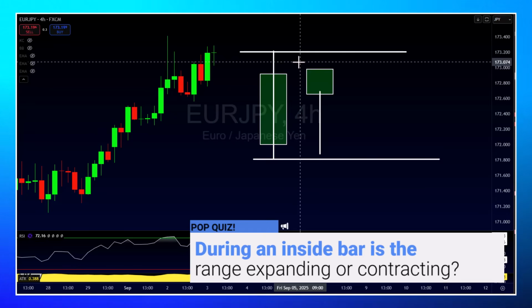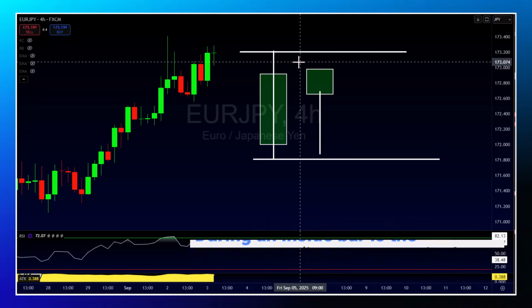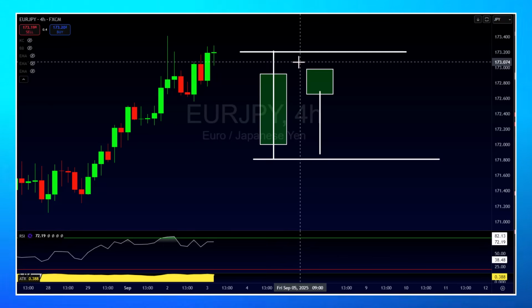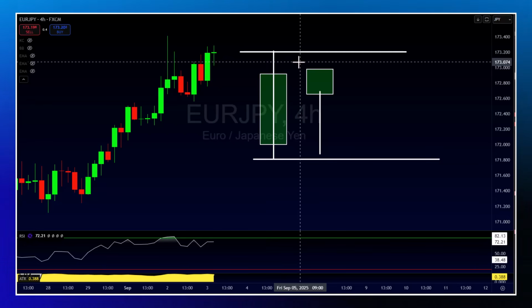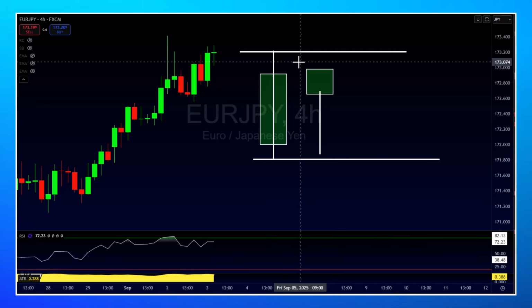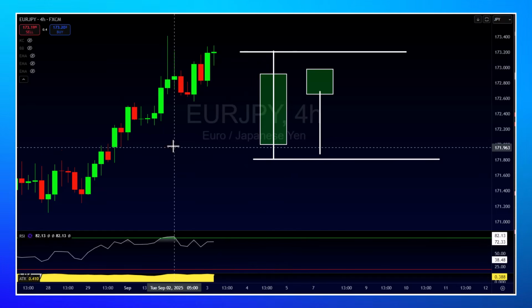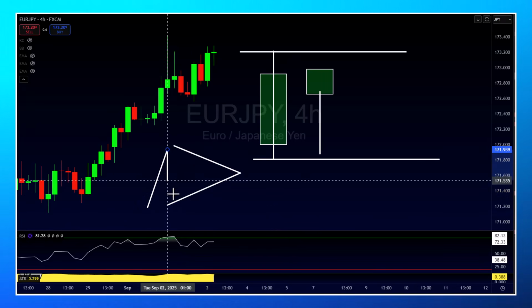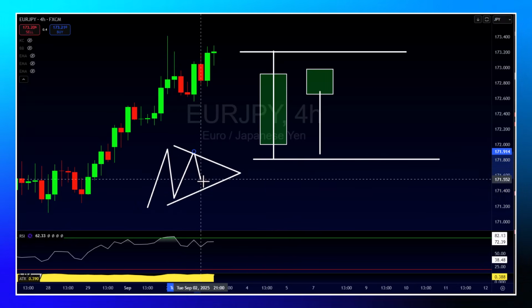Is it expanding or getting smaller? Yeah, it's getting smaller. And if it's getting smaller, this is pretty much contraction, right? Consolidation, but contraction. You could look at it like a wedge pattern is a good example, where you see markets coming from this bigger range and then kind of contracting.